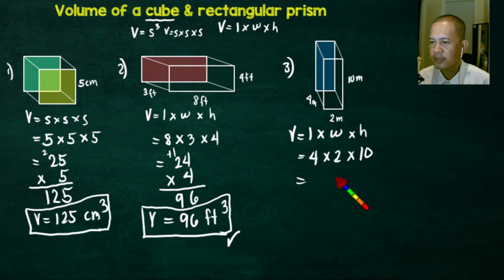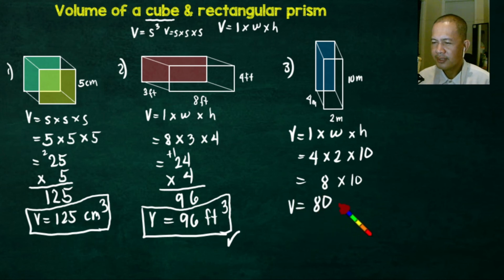So 4 times 2, that is 8, times 10. So the volume here is 80. The unit is meter, and we're going to put 3, or we can read that as 80 cubic meters.